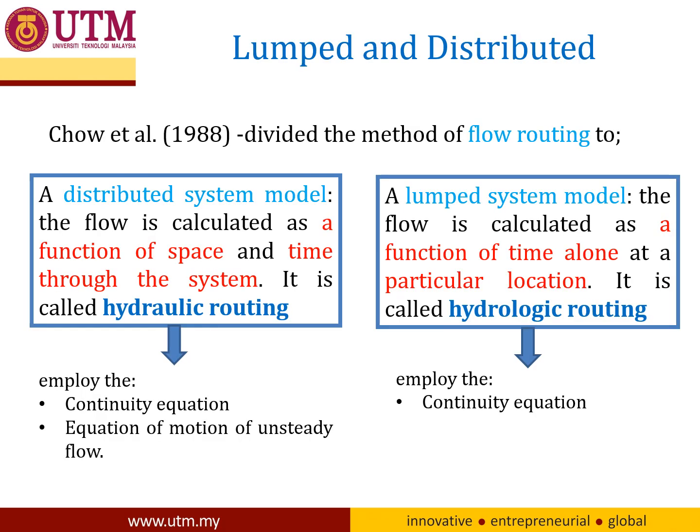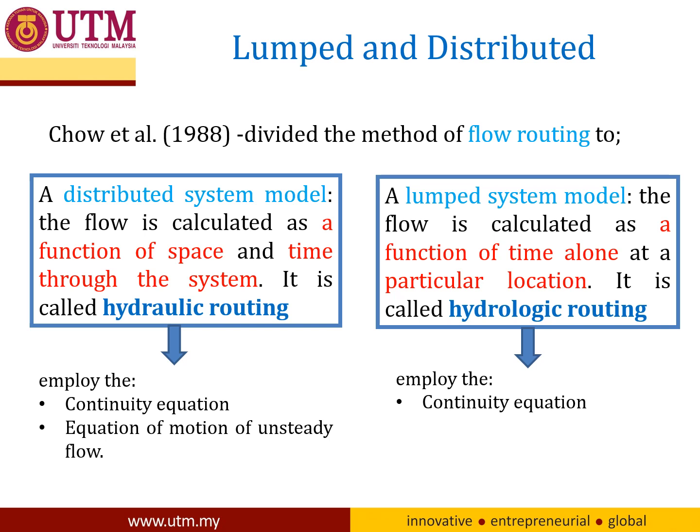So there are some divided methods of flow routing. For example, one is a distributed system model. In this case, it is also called a hydraulic routing. This is because it is calculated as a function of space and time through the system, or along the system.